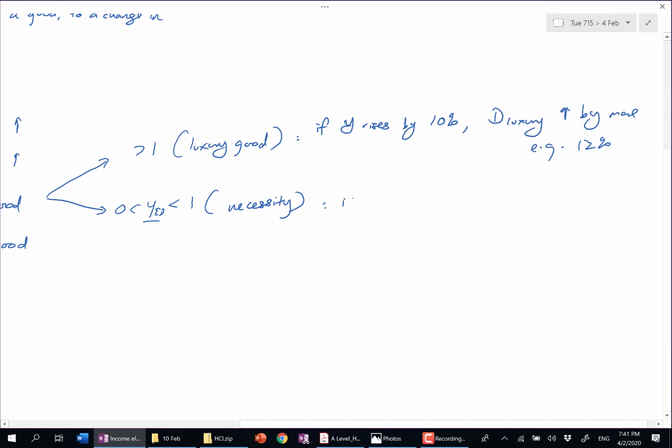But if income rises by 10%, our demand for necessities goes up by less, probably 4%. I'm just throwing out some rough numbers. It increases by less. Why the difference?